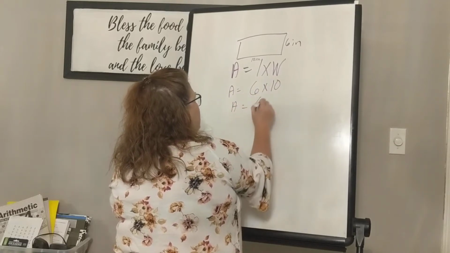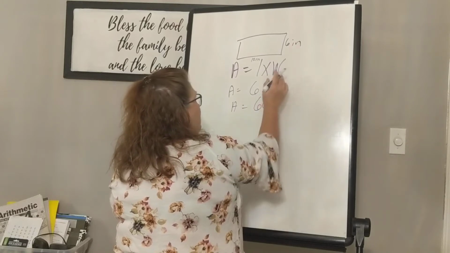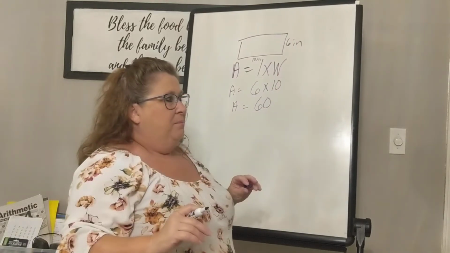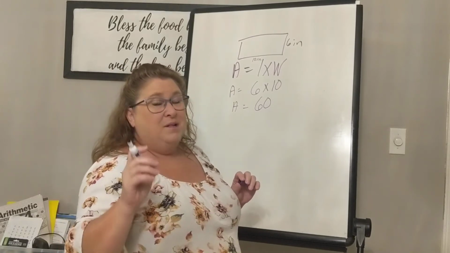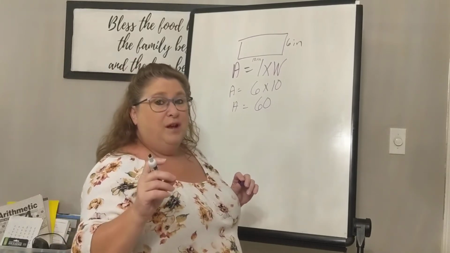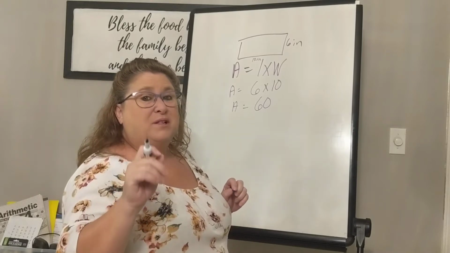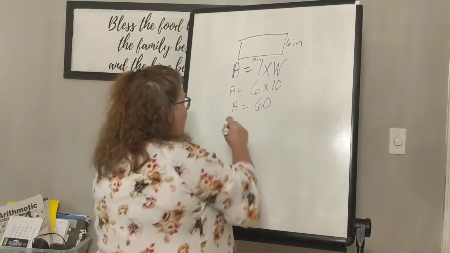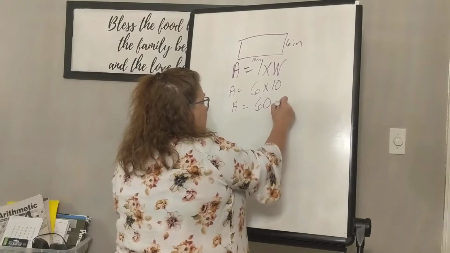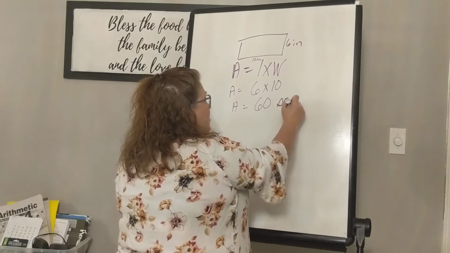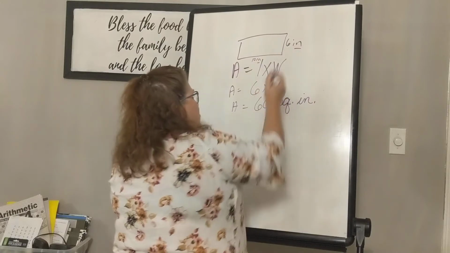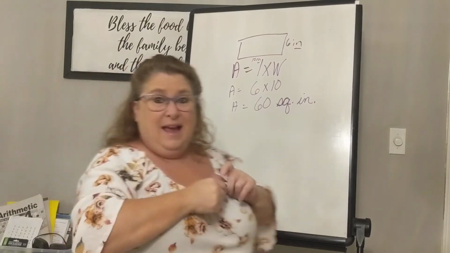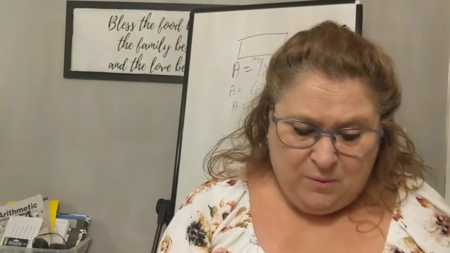Area equals 60. Now we said area is square inches, so not only must this answer have your unit of measure in it, but it must be square units. So area equals 60 square, and our unit of measurement was inches. So that is how we will find our area of a rectangle.